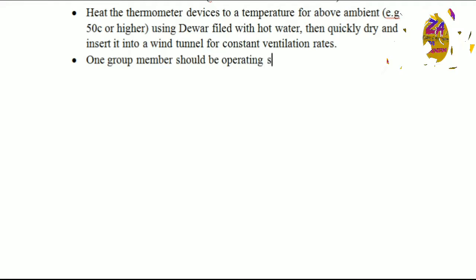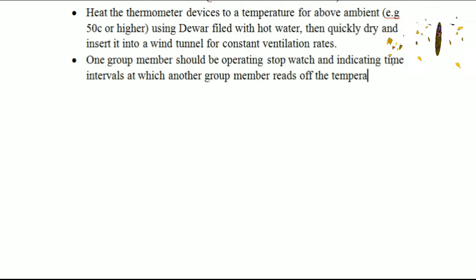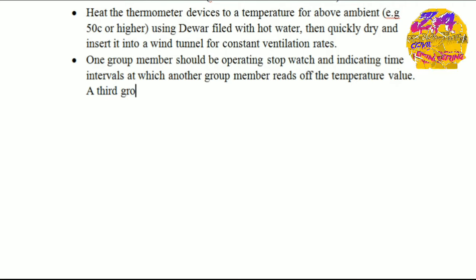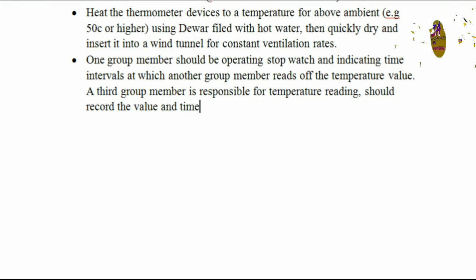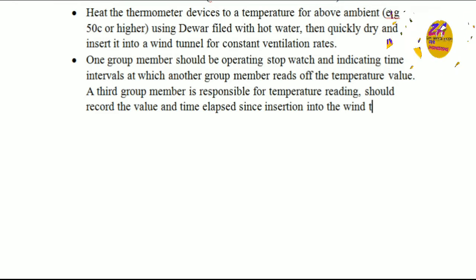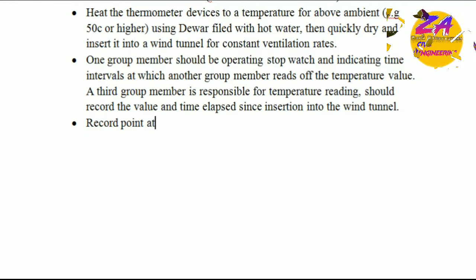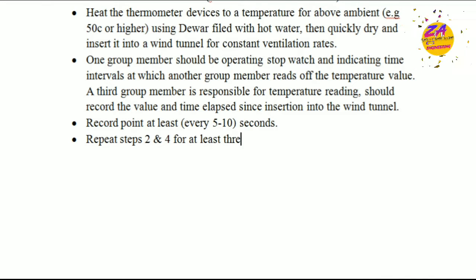One group member should be operating the stopwatch and indicating time intervals at which another group member reads off the temperature value. A third group member is responsible for recording the temperature value and time elapsed since insertion into the wind tunnel, recording a point at least every 5 to 10 seconds.